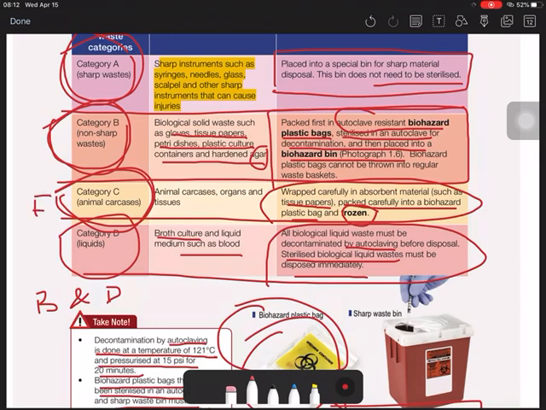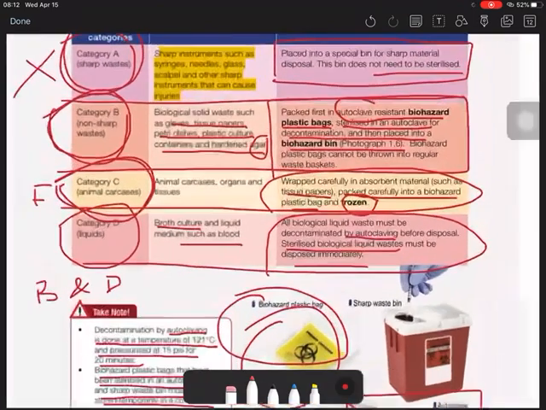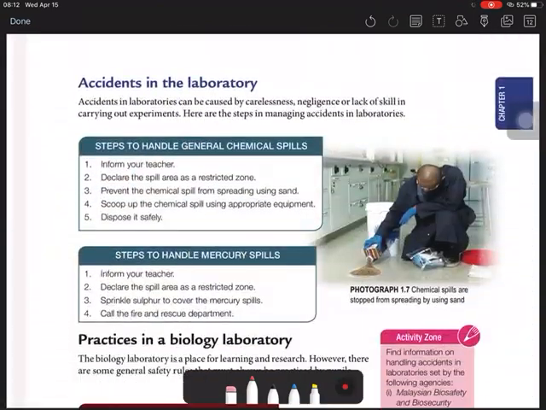And for category A, sharp waste, you throw it in the sharp waste bin. All right, let's proceed to the next one.